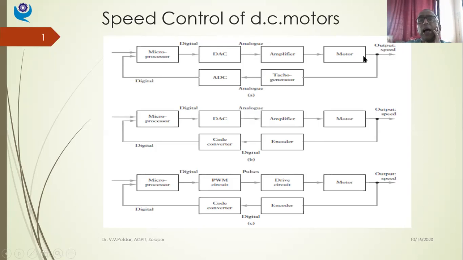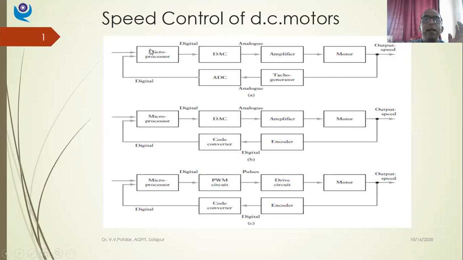Here I have a feedback control system, the speed control system of a DC motor using a tacho generator. I repeat, if I start from the left-hand side: desired input, and this will be my feedback signal. Here the microprocessor will do the work of a comparator.